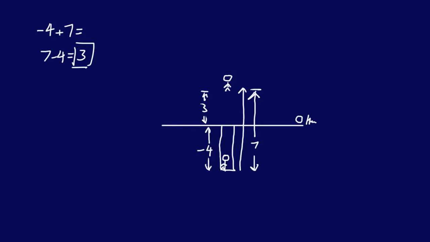Let's do another example here. Let's clear this page. Okay, let's say we had -3.5 minus 5, and we want to know what this is equal to. Same thing, we can create another Superman example.